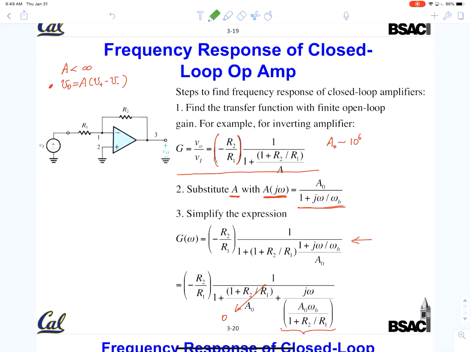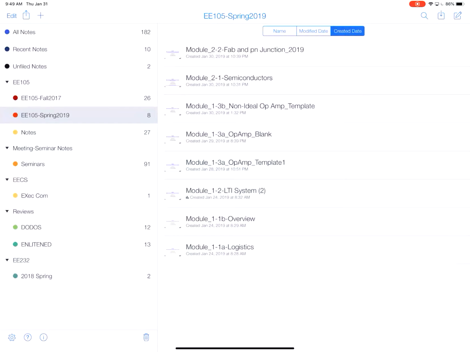Feedback basically gives us this gain-bandwidth trade-off. That's exactly what the inverting amplifier illustrates. Okay, no further questions, let's move on to the topic today.